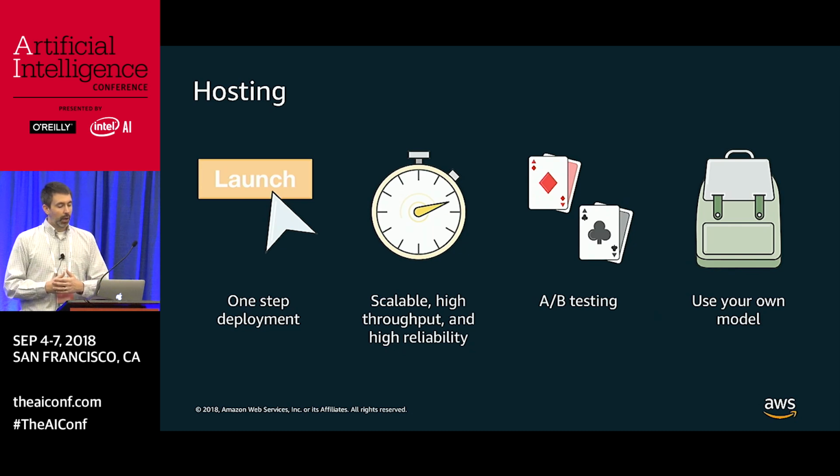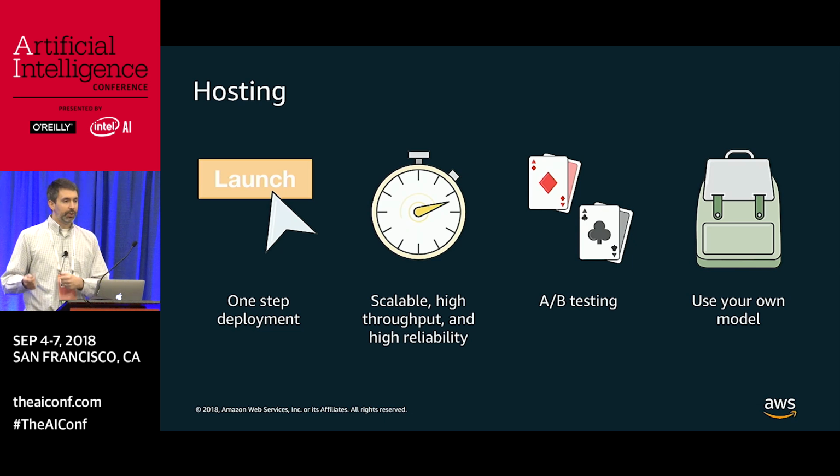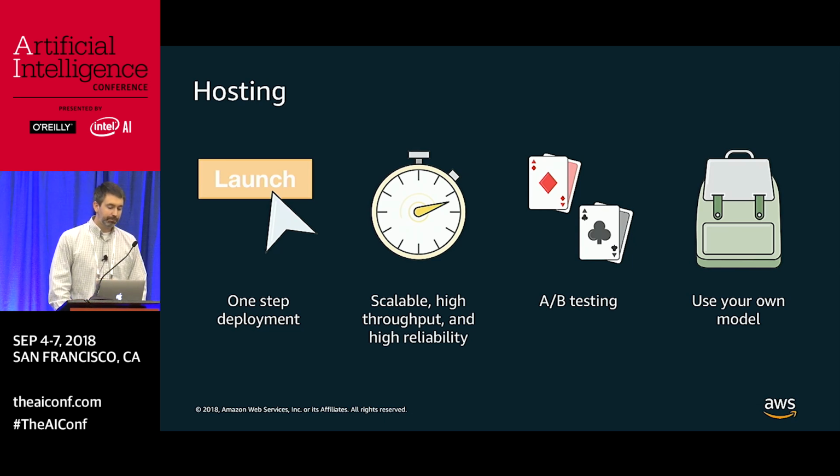You can deploy a second variant of your model with an A/B test and send 5% of the traffic there, make sure it's functioning as you expect it to in the real world, and then scale up so that it gets 100% of the traffic as you're scaling the other version down, and all of that without having any endpoint downtime because we do use blue-green deployments. Right? And again, you have the flexibility to train outside of SageMaker and host within SageMaker.